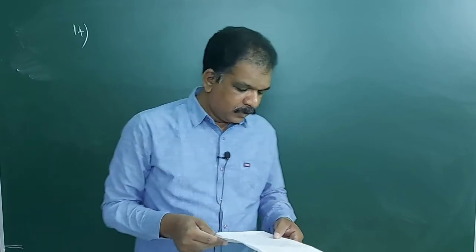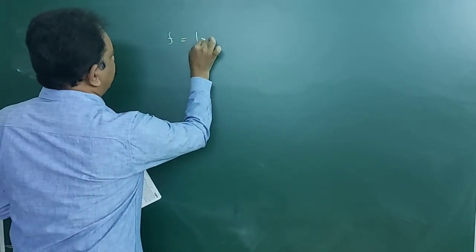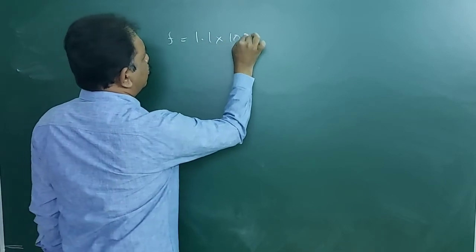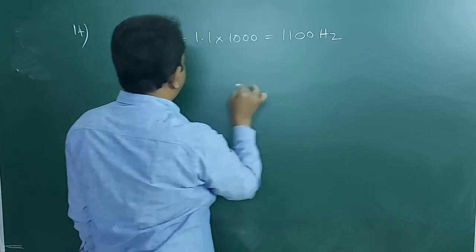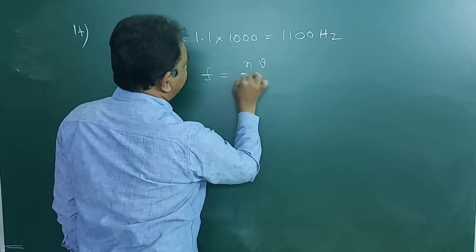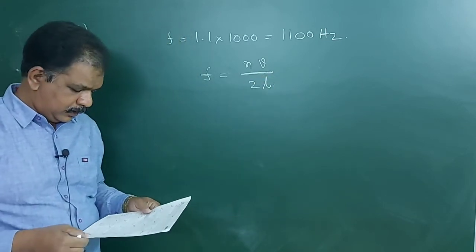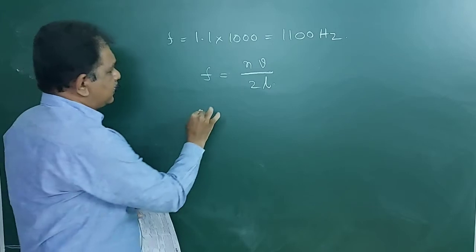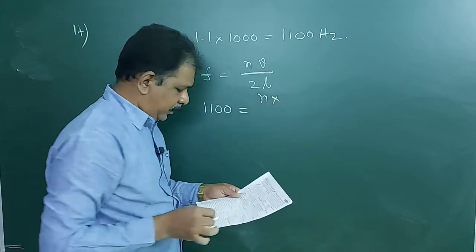Open pipe, so here f is equal to 1.1 into 1000, this will be 1100 Hz. f is equal to nv by 2L for an open pipe. Here f is 1100, and n we have to find.